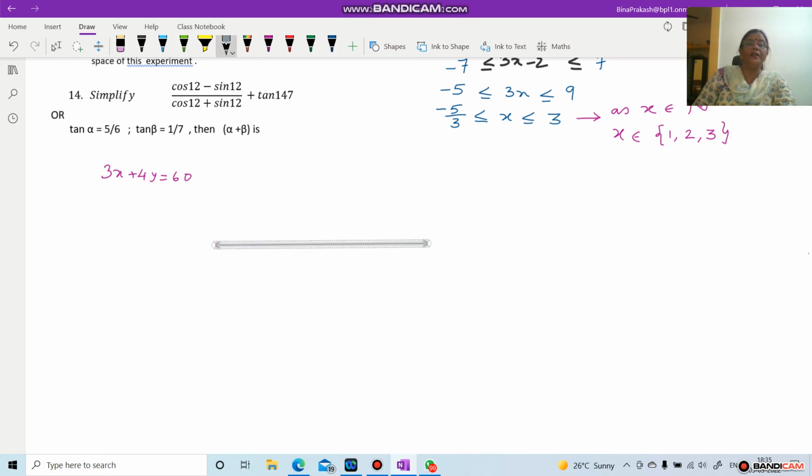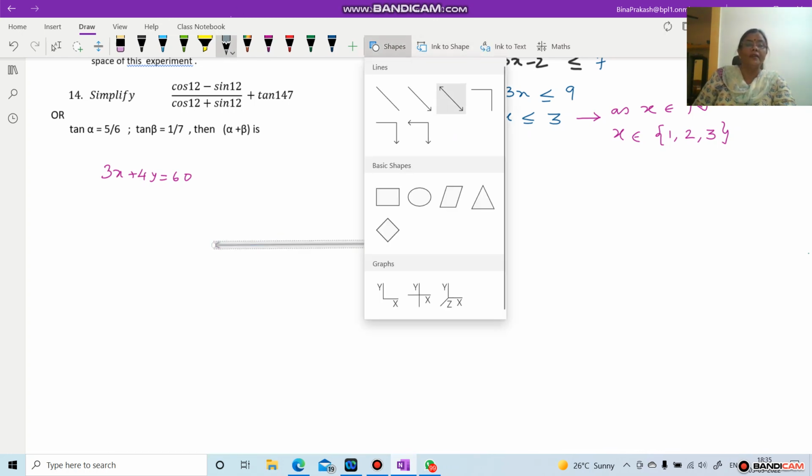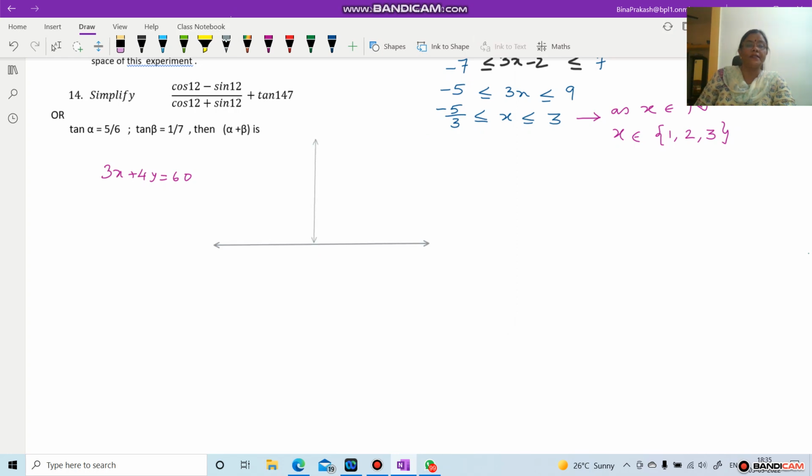Let's have the x-axis, this is the y-axis. Now let's mark the points and join the points. When x is equal to 0, y comes out to be 15. If this is 10, 20, let me have this point as 15. When y is equal to 0, x will come out to be 20.